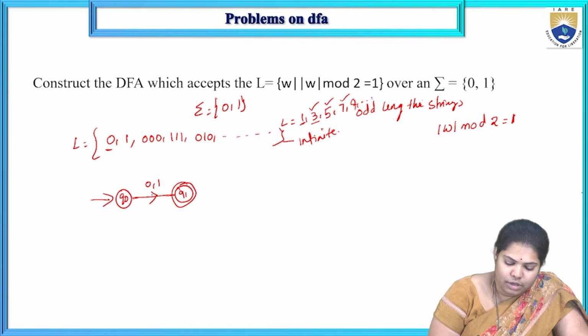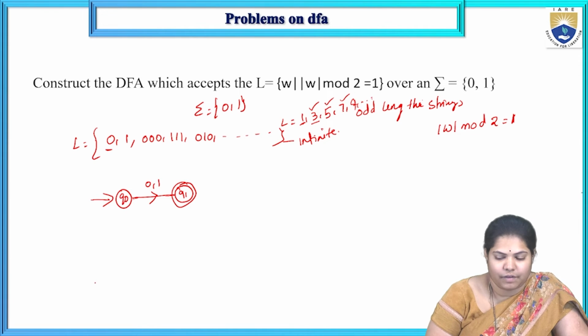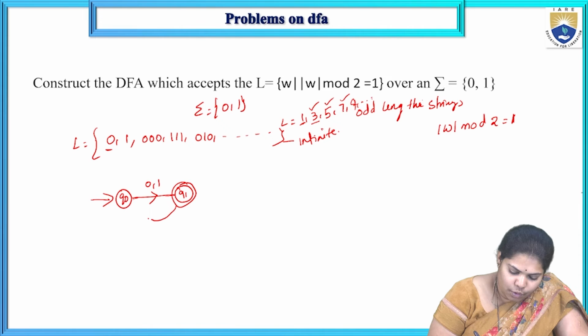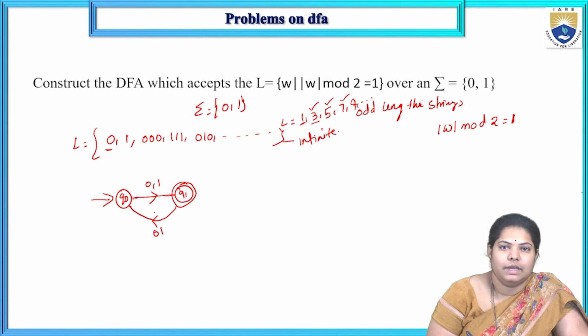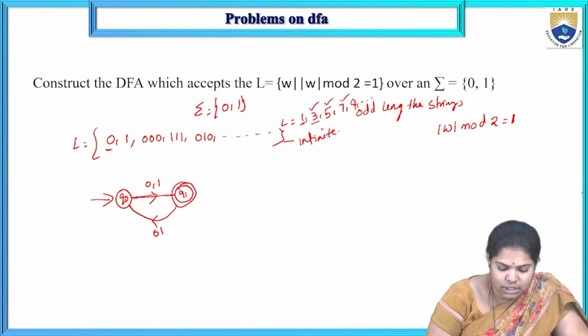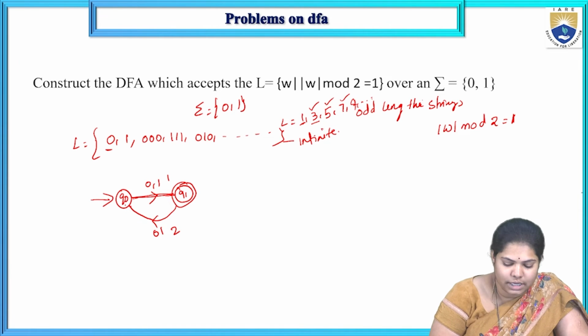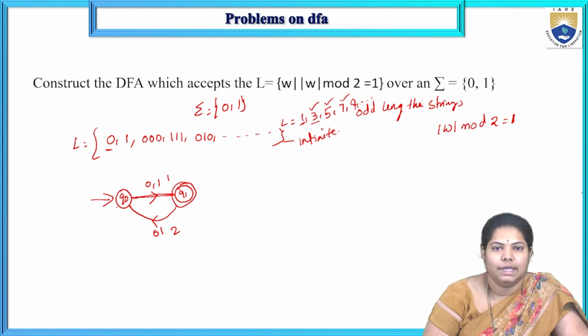So here on seeing 0, 1, I reach the final state, which is of string length 1. If I go back on 0 and 1 to Q0, that is string length 2. This is string length 1. This is string length 2. It will reach Q0. Q0 is not a final state, so it will not get accepted.